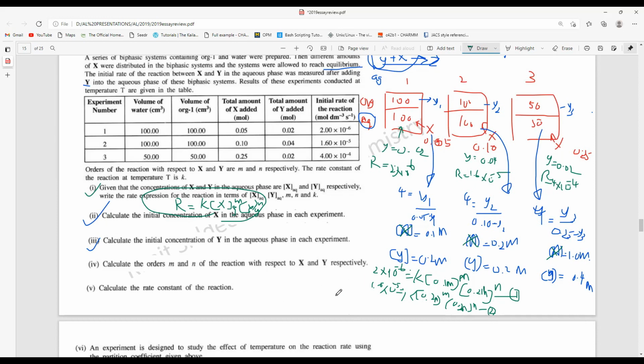Then the third rate, 4 into 10 to the power minus 4, is also equal to 1 M to the power m, and 0.4 M to the power n. So I have 3 equations, very nice. Okay, this is 1 M.